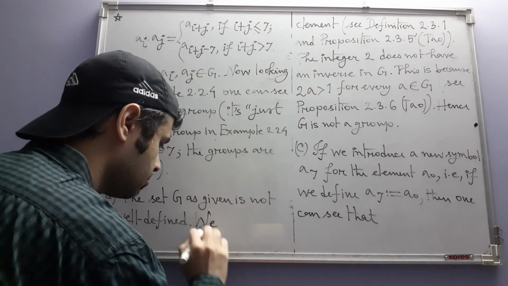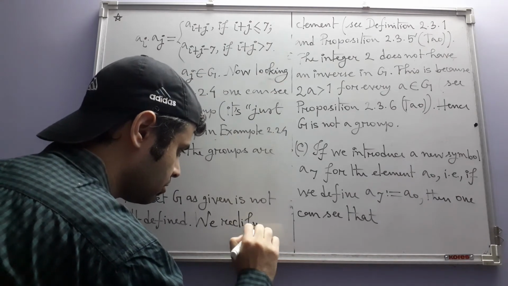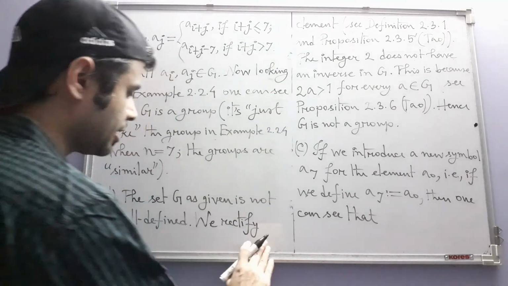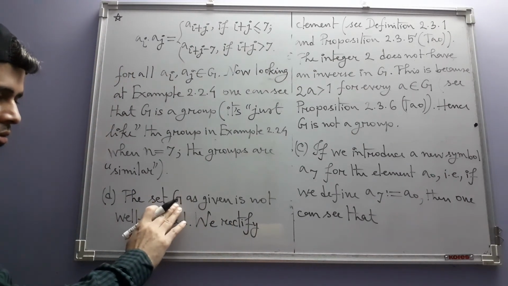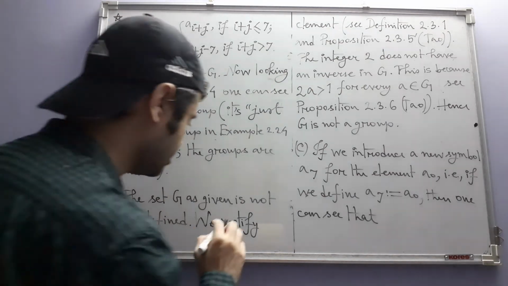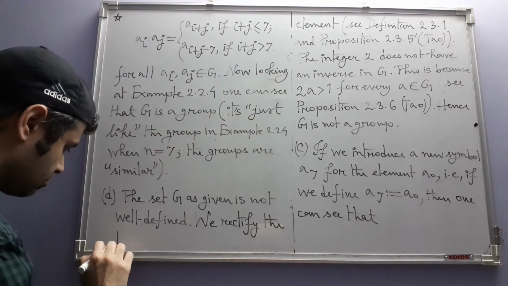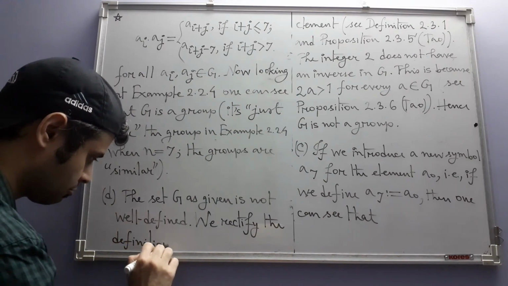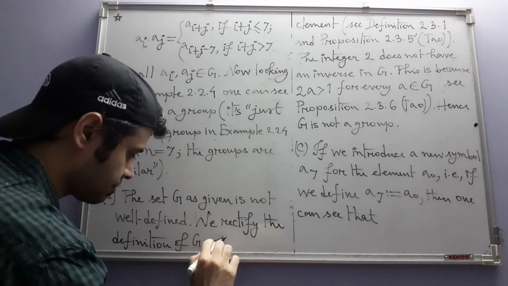We rectify, if you want you can keep that example to show that G in this form is not well defined. We rectify the definition of G as follows.